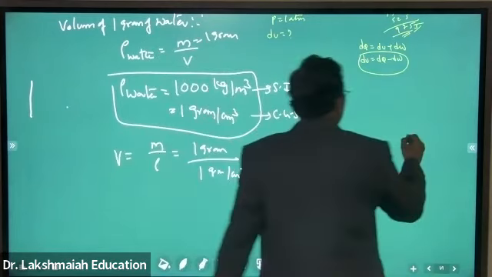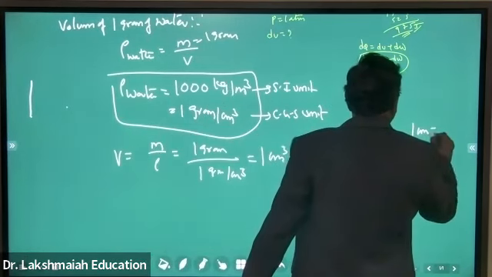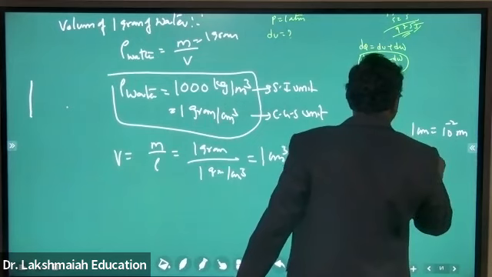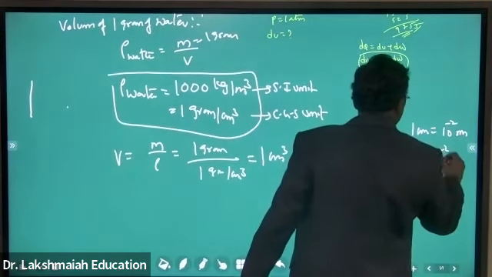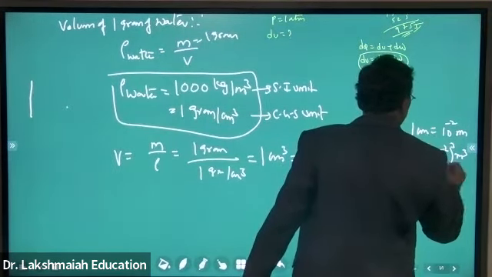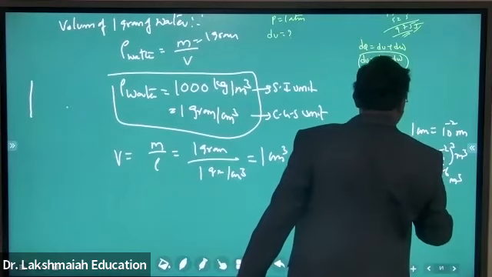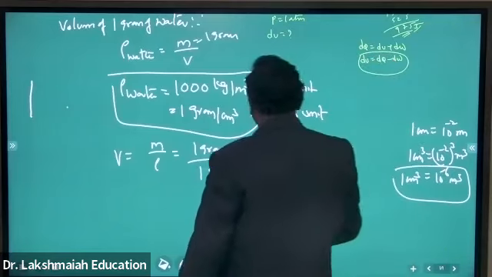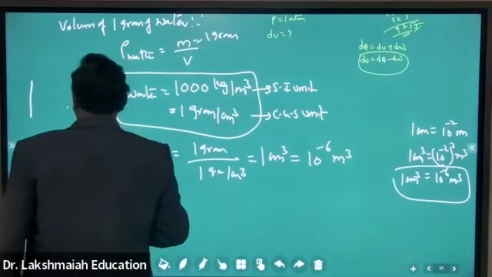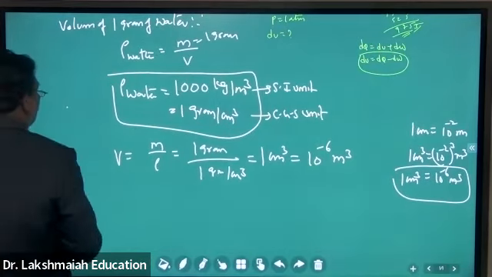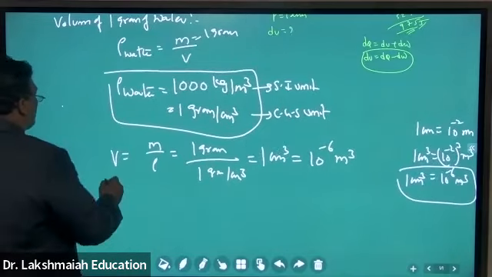Why? See, 1 centimeter is equal to 10 power minus 2 meters. 1 centimeter cube is equal to 10 power minus 2 whole cube meter cube, that is equal to 10 power minus 6 meter cube. This is the volume of the water. Now the volume of the steam they have given.